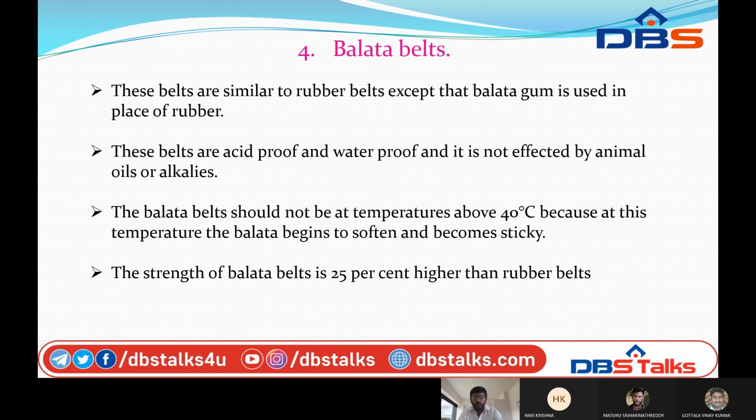The balata belt should not be used at a temperature above 40 degrees centigrade, because at this temperature the balata begins to soften and become sticky. The strength of the balata belts is 25% higher than rubber belts.